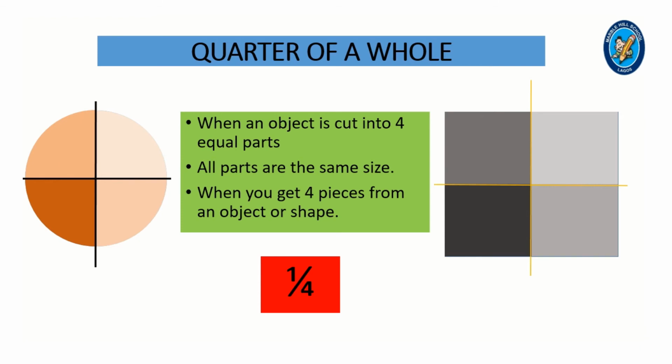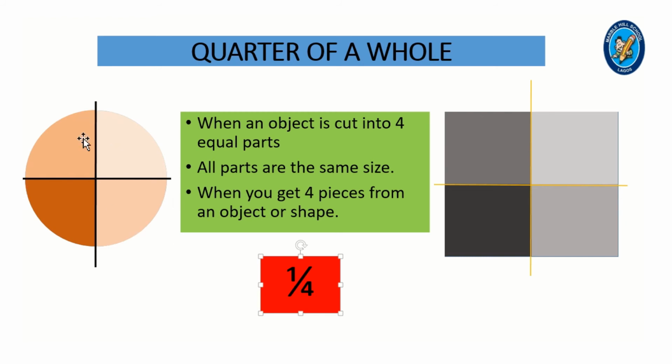When you get 4 equal pieces from an object or a shape, you have gotten 1/4. 1/4 is written as 1/4. 4 is at the bottom, 1 is at the top. A quarter is a 4th piece or 4th angle of an object.